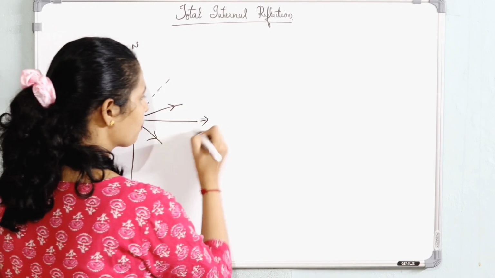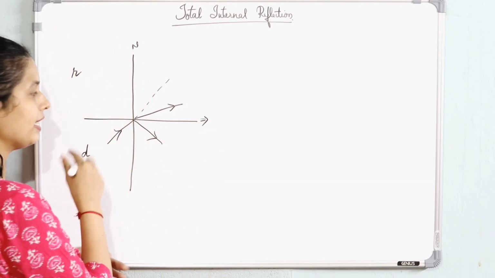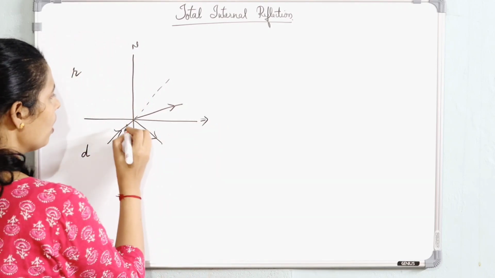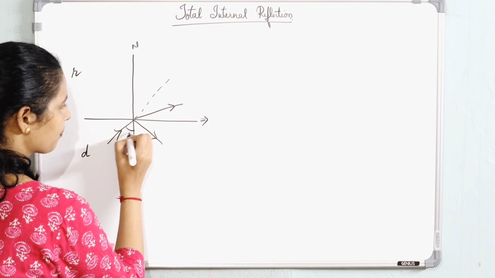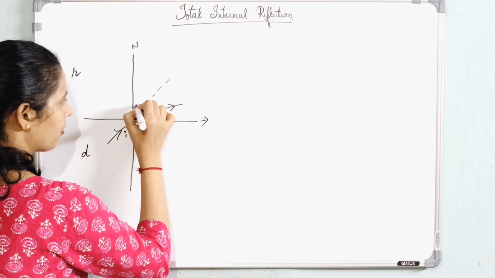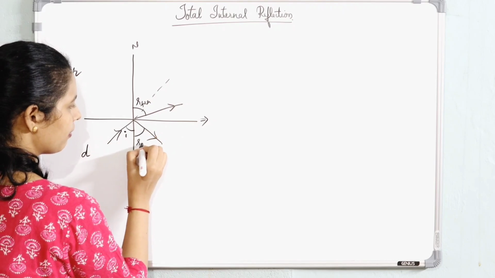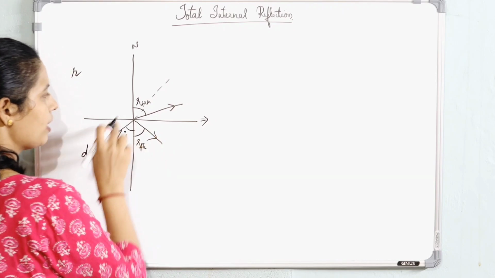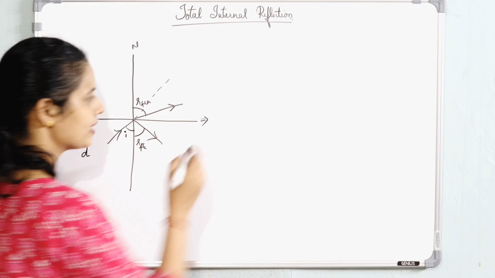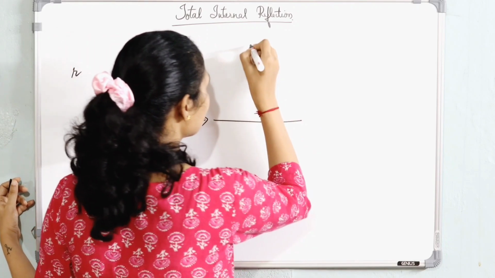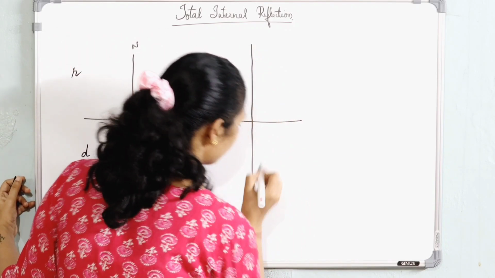So now what happens if I further increase the angle of incidence? So we know this is the angle of incidence, this is the angle of refraction now, and this is the angle of reflection, right? What if I increase the angle of incidence? So here I'm increasing the angle of incidence.